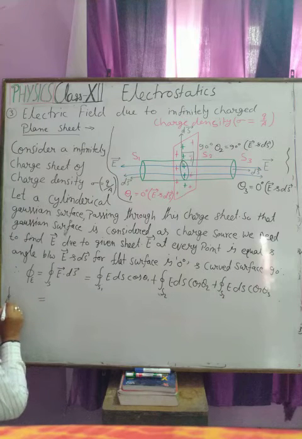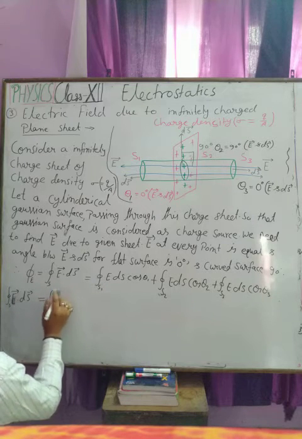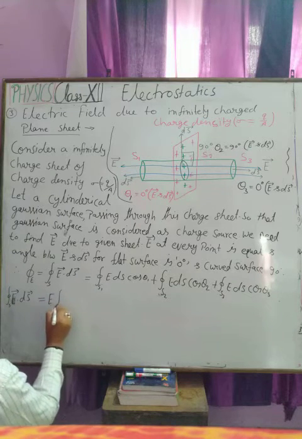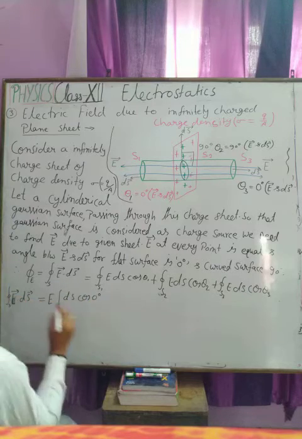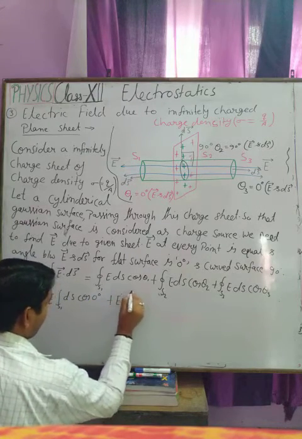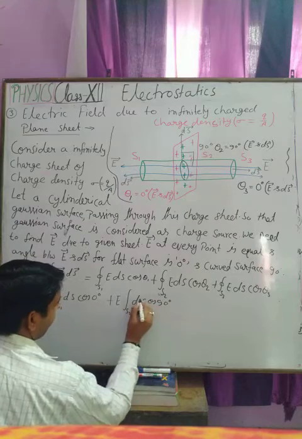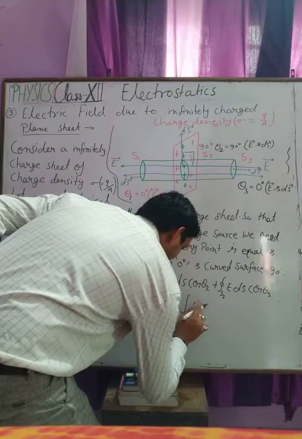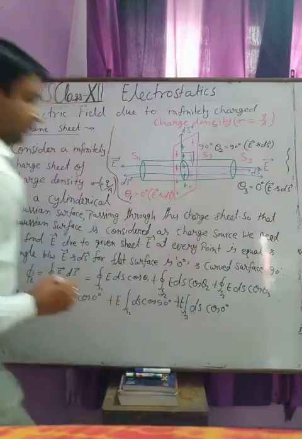We get the closed surface integral of E dot ds equal to, for surface 1, E ds cos 0 degrees, plus E ds cos 90 degrees for S2, and for surface 3, E ds cos 0 degrees.